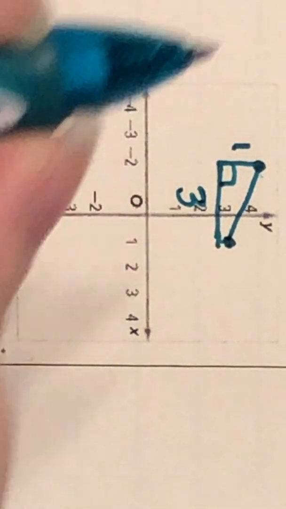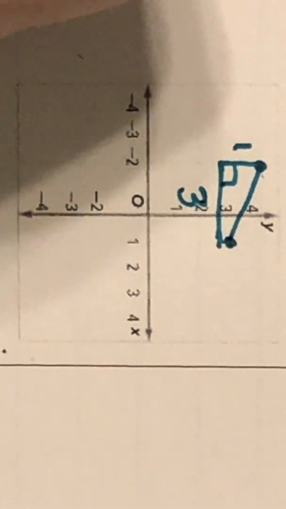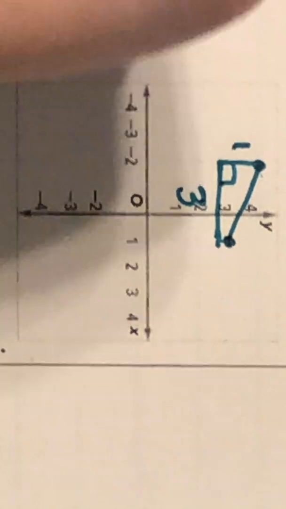Okay, so I'm going to take a squared plus b squared equals c squared.